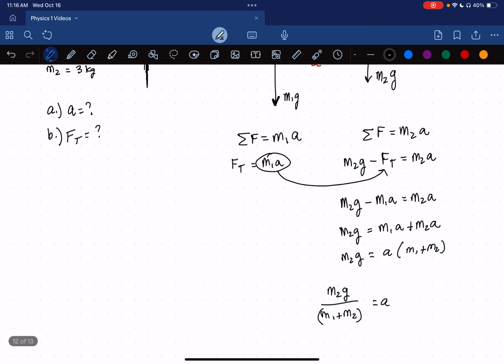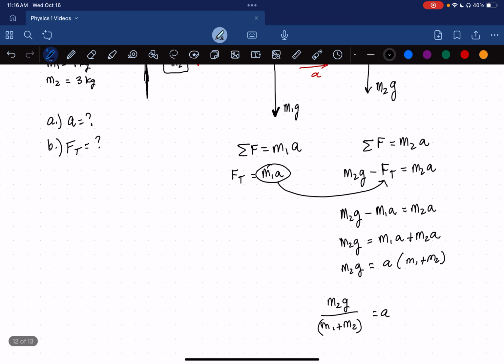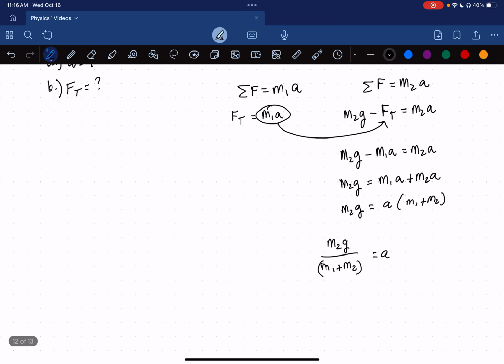Equals a. Mass 2 is 3, mass 1 is 9. So 3 times 10 is 30, 9 plus 3 is 12, and so 30 over 12 actually looks like 2.5.